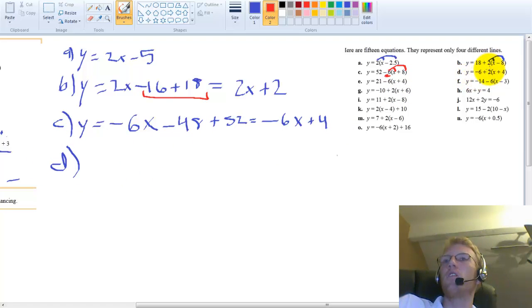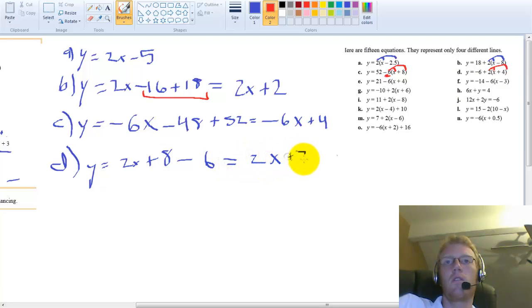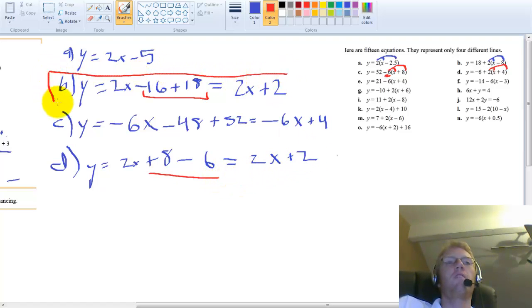Y equals, distribute in here, distribute in here. So right here I get 2x plus 2 times 4 is 8. 2x plus 8. And now I'm going to subtract 6. So this is 2x plus 2 because 8 minus 6 is 2. So I found two that are equivalent.